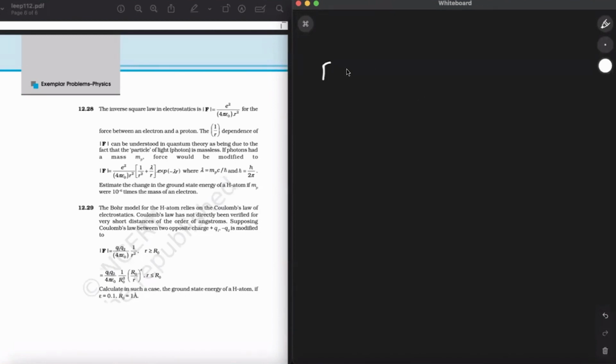I can write it like this: force is equal to Q1 Q2 upon 4 pi epsilon, times r naught raised to the power of delta, where epsilon has been given as 0.1, upon r raised to 2 plus delta.